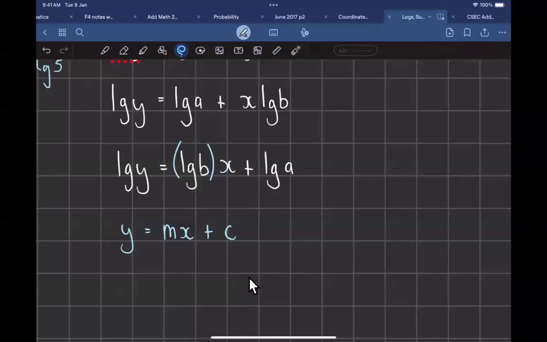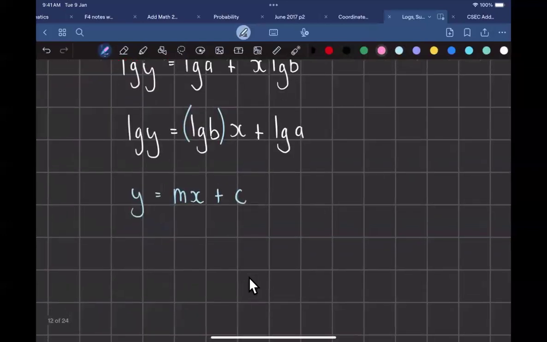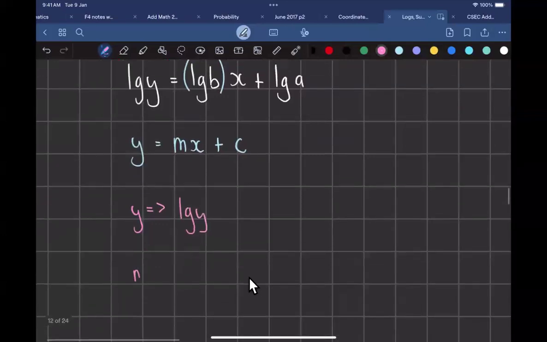You still cook, right? So tell me what is y equal to then? If you compare it, y is what? Kira, tell me. I thought you were asking Nicholas. So it will be log y. Nicholas, what is m going to be equal to?